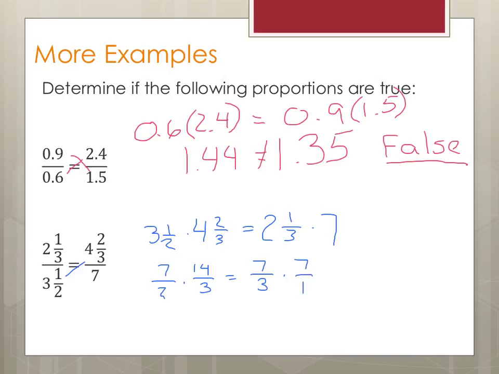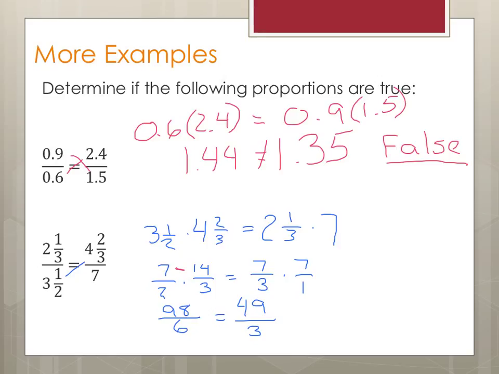Alright, we'll multiply across the top here, and we'll get 7 times 14 is 98 over 2 times 3 is 6, and over here 7 times 7 is 49 over 3. And I'm going to go ahead and divide those out.